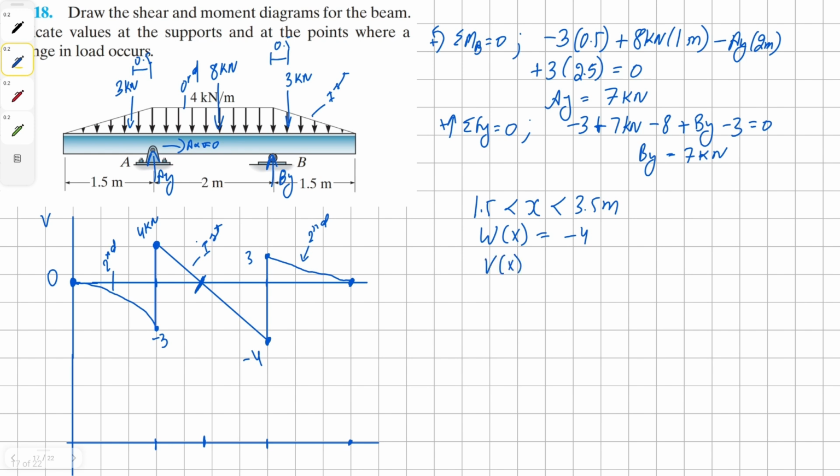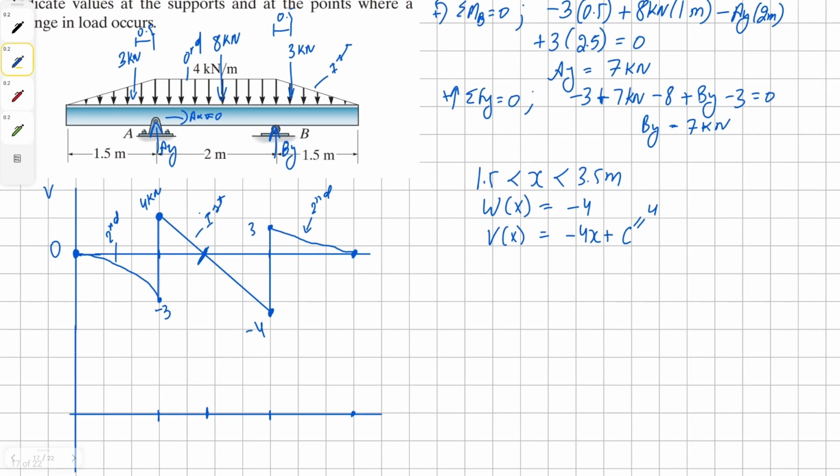Then our shear is simply the integral of the load, which is going to be -4x plus a constant. The constant in this case, looking at our shear diagram, we know is going to be +4. So now we can use our shear equation to find our solution, which is going to be when our shear is 0 in this area, we need to determine our value for x. Pardon me, I did one thing wrong here.